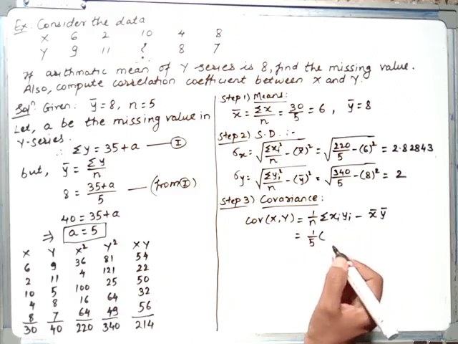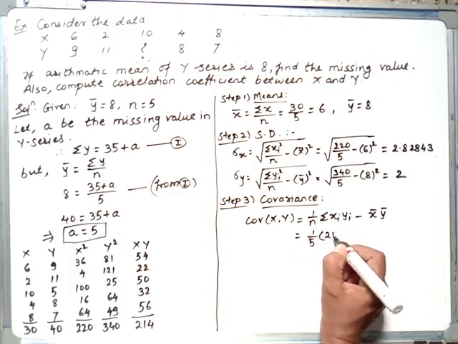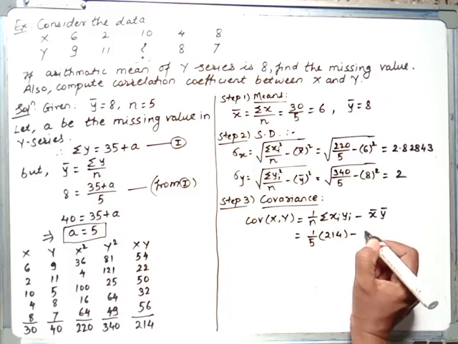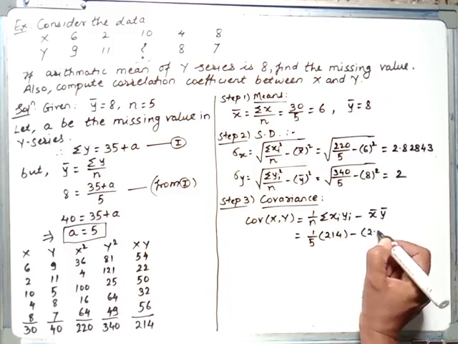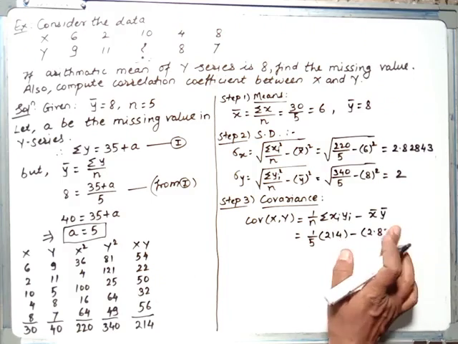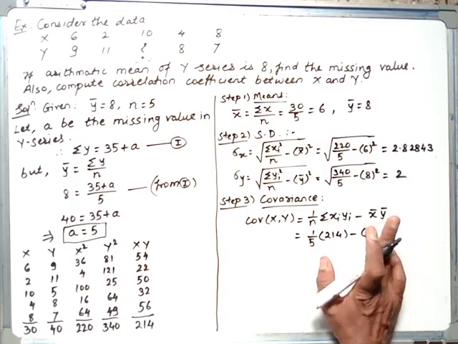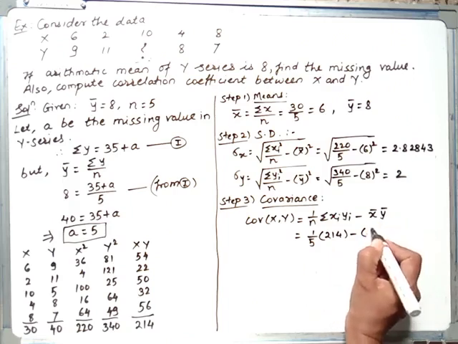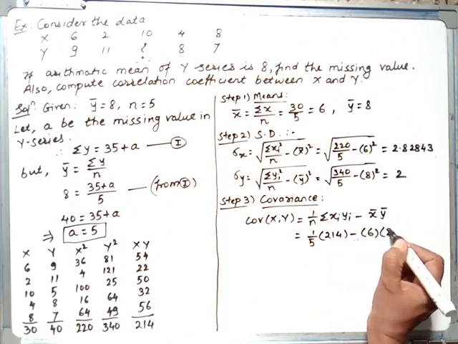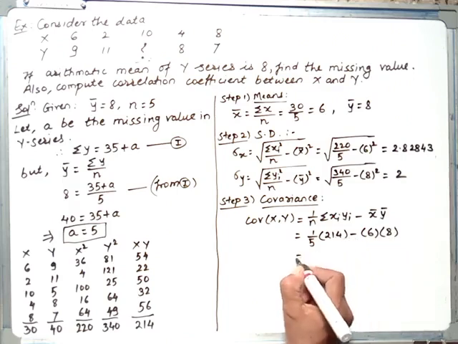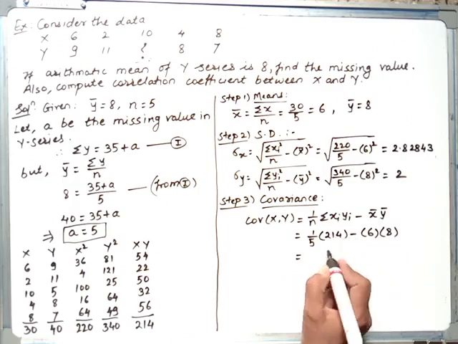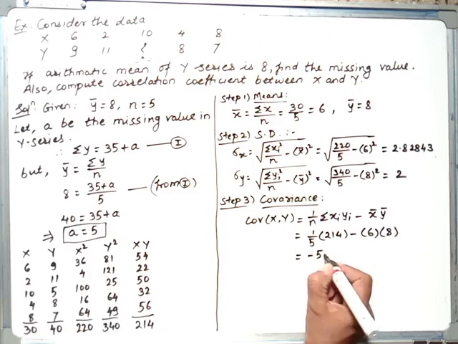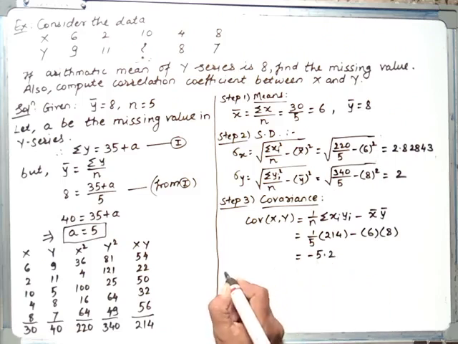Summation xy is 214 minus x bar, which is 6, and y bar, which is 8. So this is minus 5.2.